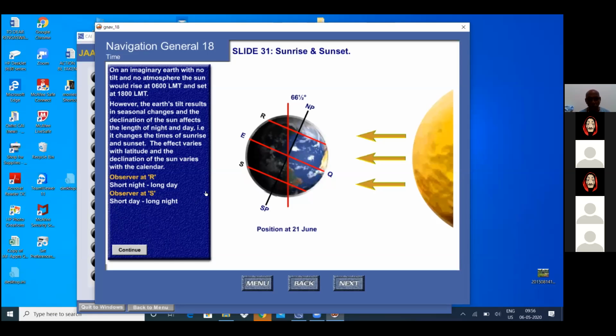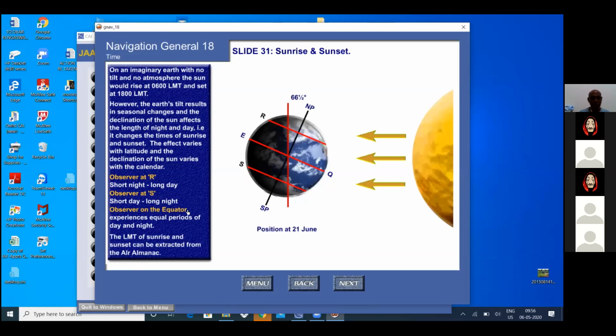All right. But you see the observer at the equator. Equal night, equal day. At the equator, most times it is equal night and equal day. Now the LMT of sunrise and sunset can, of course, be extracted from the air almanac.